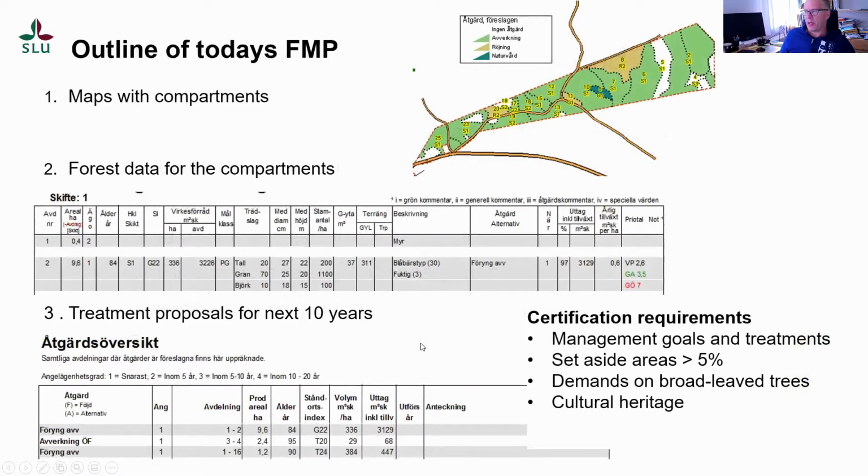A typical forest management plan is that the outline is that you have a map with compartments. You have forest data for the compartments with data for the growing stock, target class, tree species distribution, diameter, and so on, but nothing about carbon.